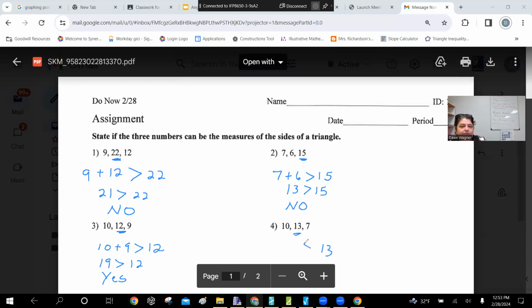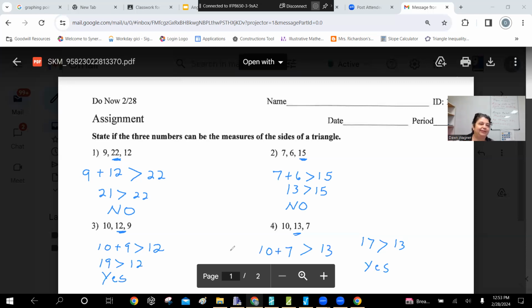When I add the two smaller sides together, it has to be larger than the largest side for it to make a triangle. What's 10 plus 7? 17, and 17 is bigger than 13. So we would say, yes, this will make a triangle. So all you're doing is adding and then comparing, right? Any questions on that?